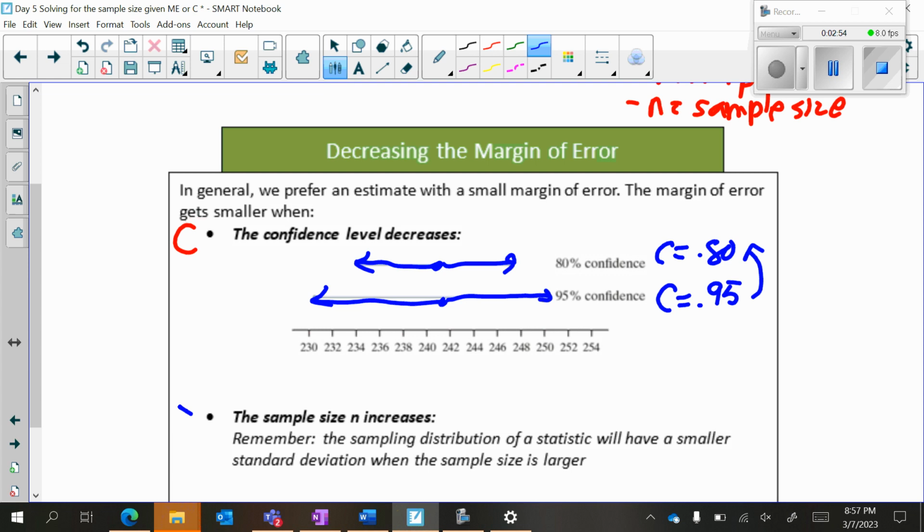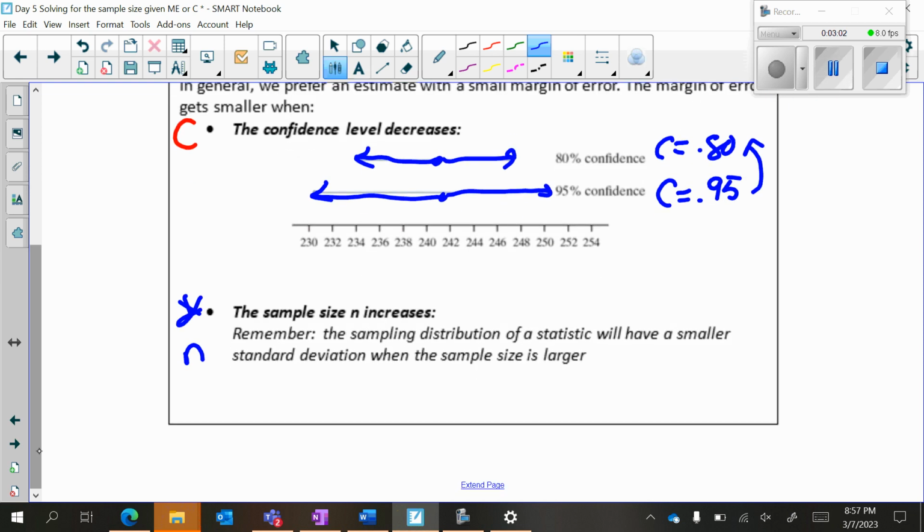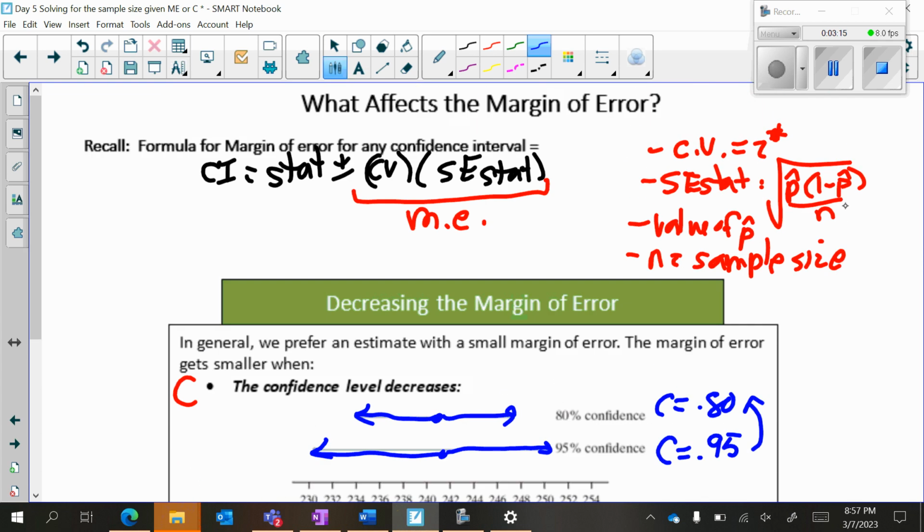Secondly, this one is pretty important: the sample size. You know n is the sample size. Remember, as the sample size increases, the standard deviation of the sampling distribution decreases. This is because, if you look back at this formula, n is in the denominator of the fraction.